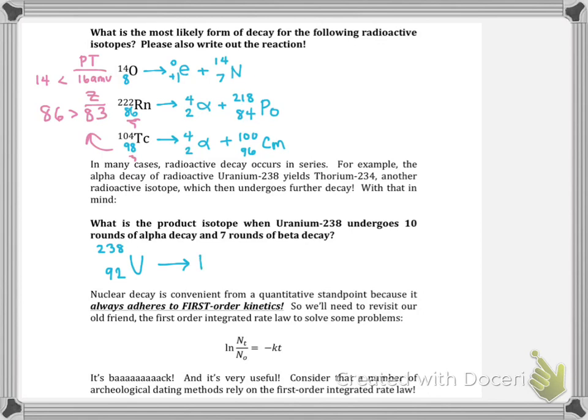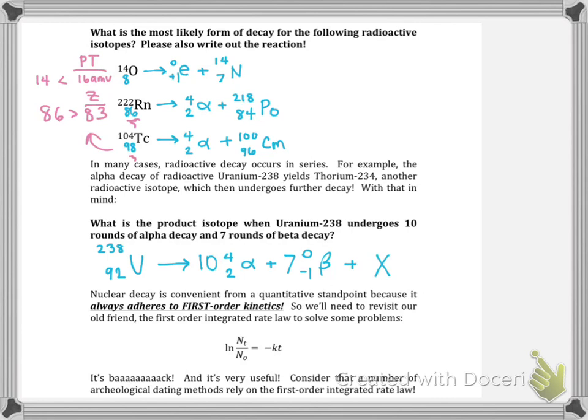So I'm going to do 10 rounds of alpha decay and 7 rounds of beta decay. And I'm going to make something new. So right now I'm just going to call it X.